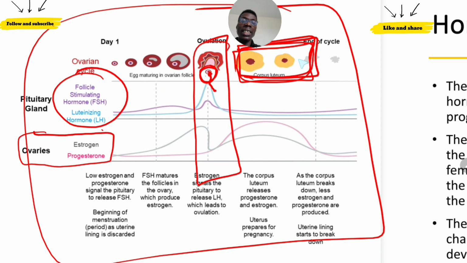If there's no sperm cell to fertilize it, it will become something else called corpus albicans. It's going to change. But if the egg is fertilized, the corpus luteum keeps being alive and produces a hormone to keep the baby living.